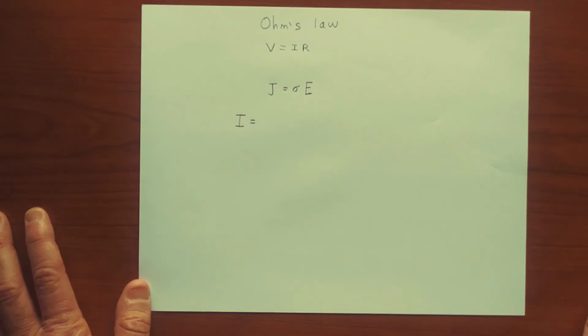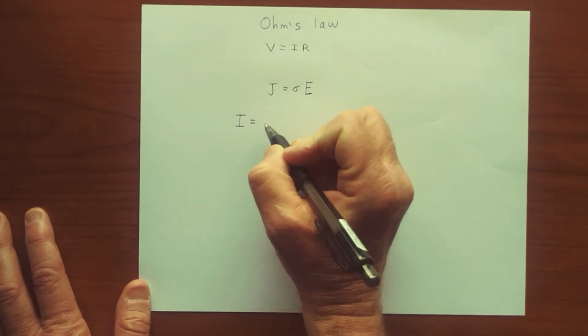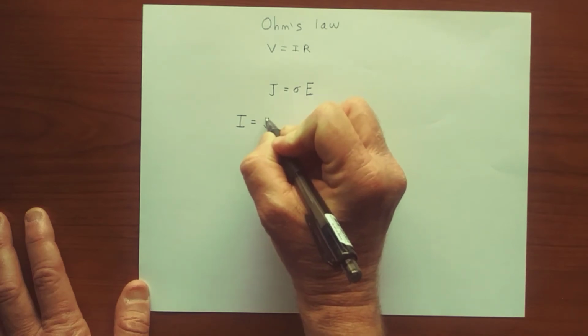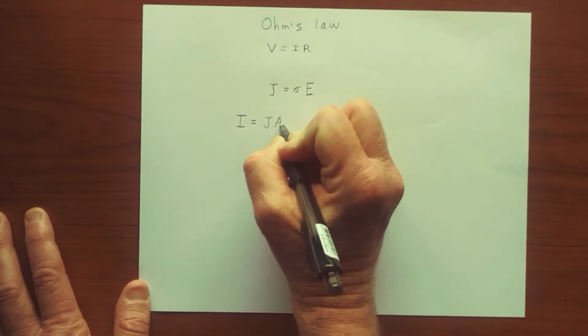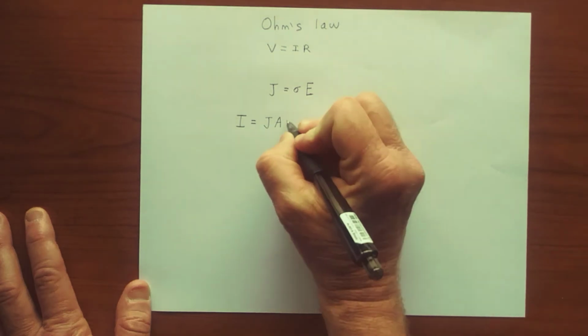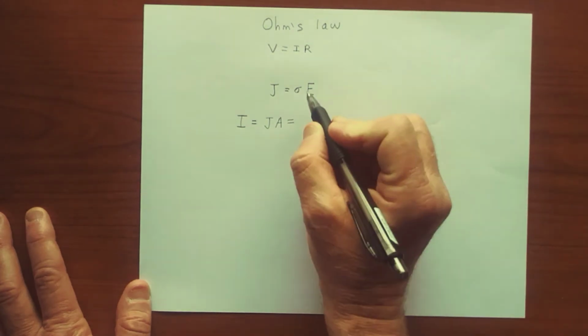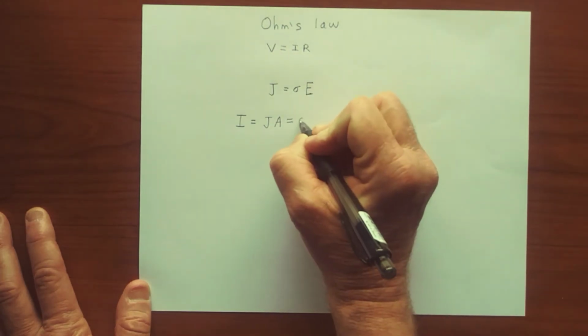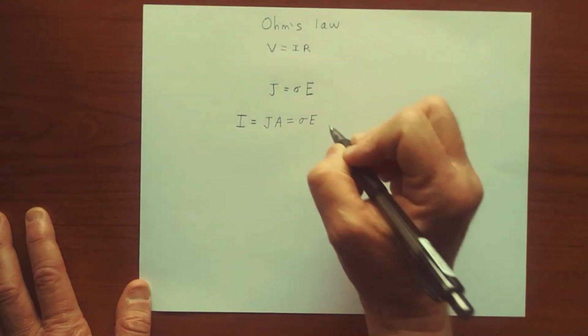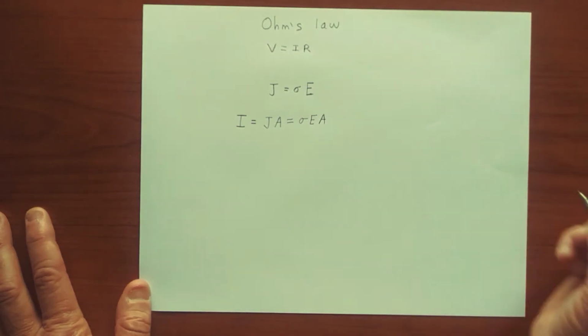That's also an approximation. Then we just get a simple relationship between the current and the current density, which involves the area. So I equals J times A, and we'll replace this with the relationship above. So we get sigma times the constant electric field times the area.